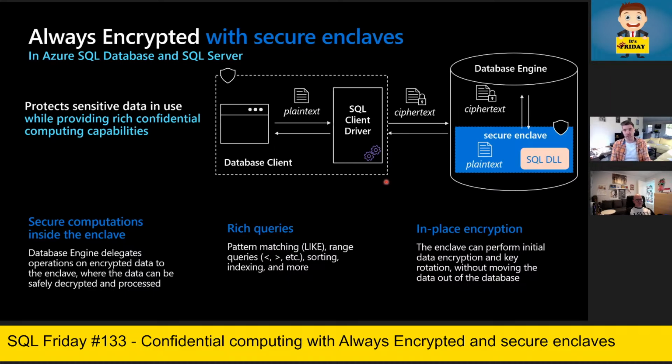Once again, with secure enclaves, we don't need to do that anymore. So the data can stay inside your database, because we can use the enclave to do the initial encryption. Same for key rotation. You can now do key rotation inside your database without moving the data outside of the database. Make sense?